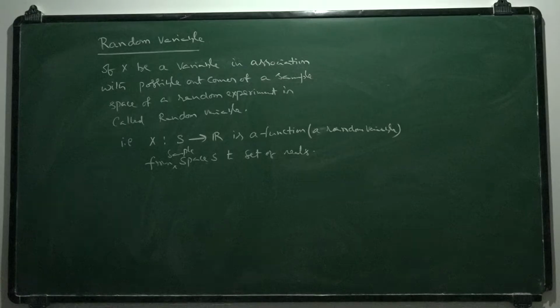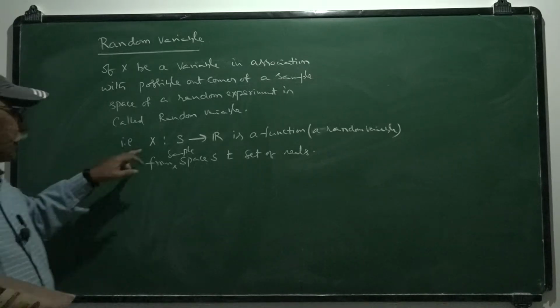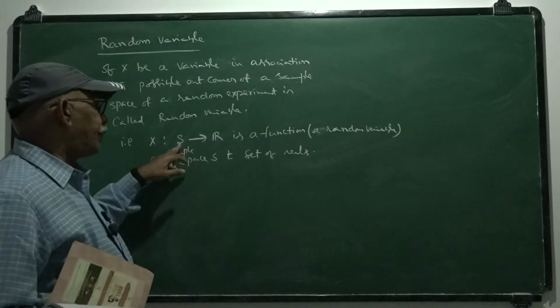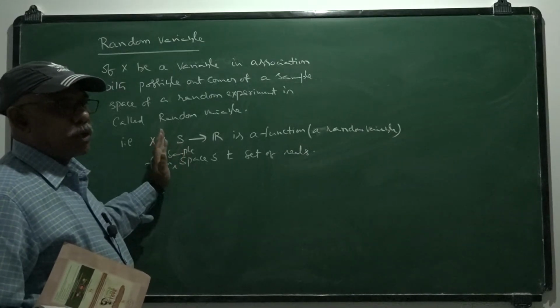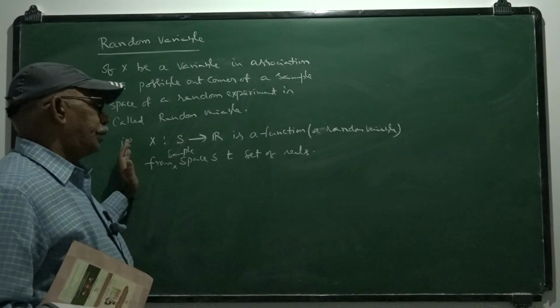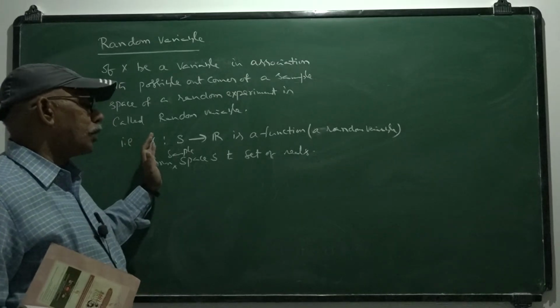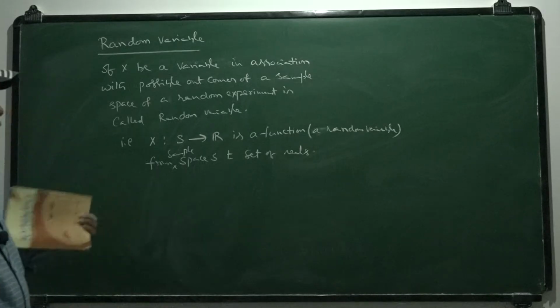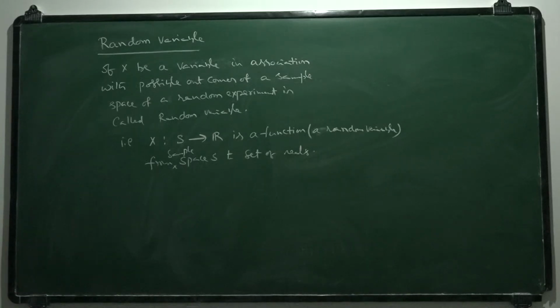By the functional definition, you can define the random variable as a function defined from the set of possible outcomes to the set of real numbers. The oral definition is the variable in association with the possible outcomes of the sample space of a random experiment.